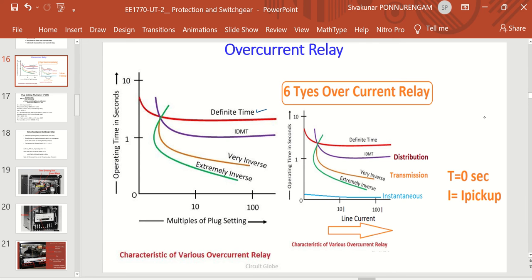If we fix some point, then after some time the relay starts working, or trips, with some internal delay operation.